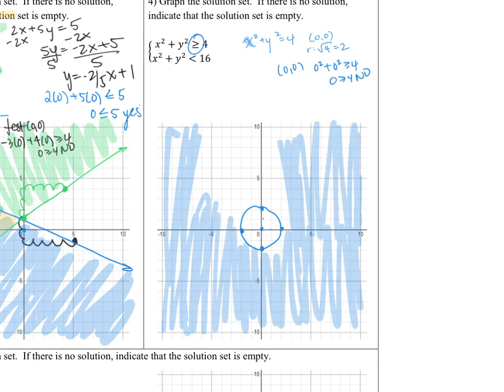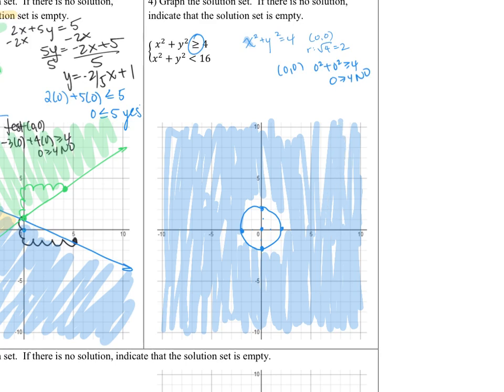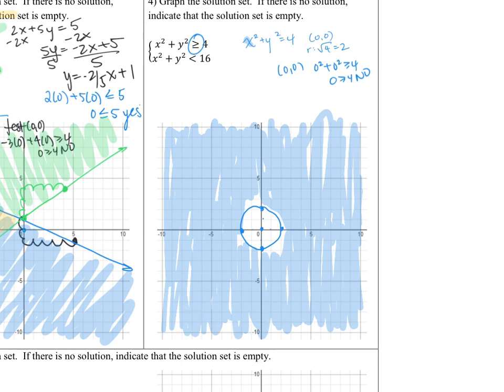And again, to solve a system, I'm going to graph the other inequality as well, and I'm going to see where the intersection is with this solution set. So all this blue stuff is all the points that will satisfy the very first equation. So let's see what's going on with the second equation. That's going to be x squared plus y squared equals 16.